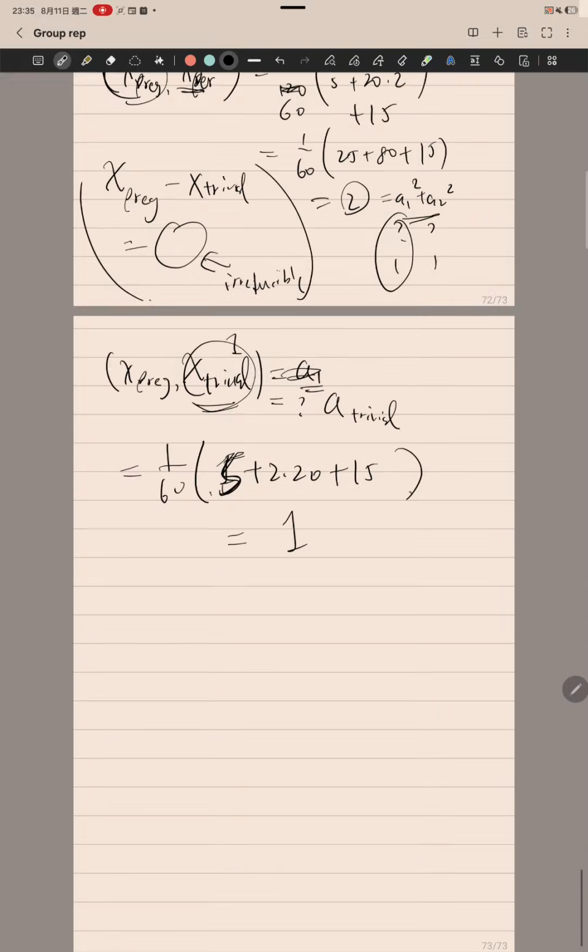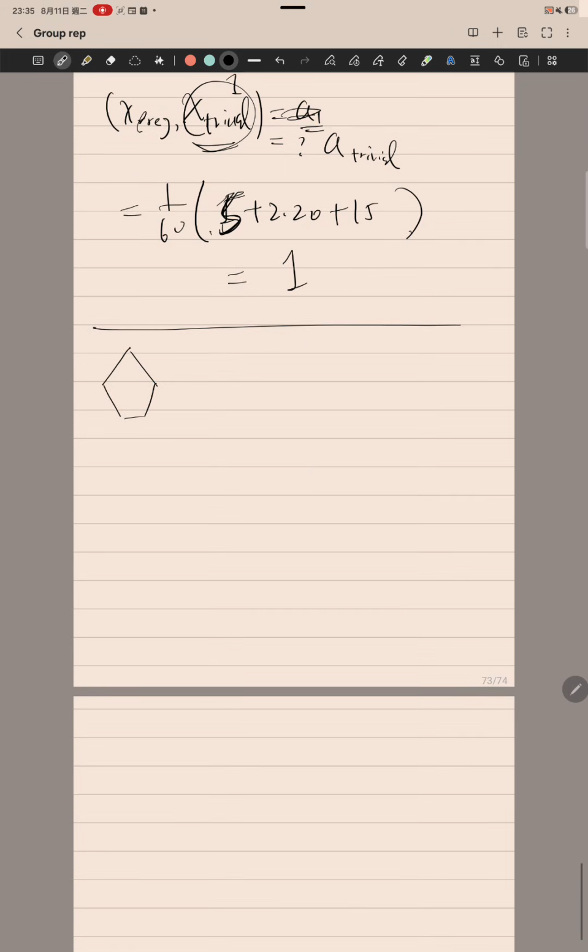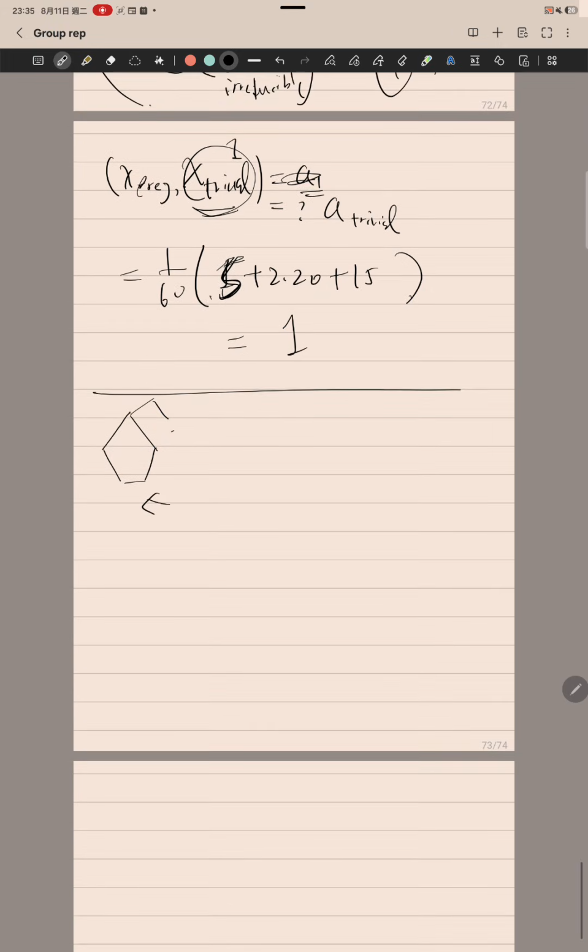Okay, now we can use geometry to show the following. Remember we have this icosahedron. It basically contains a realization of A5 in 3 dimensions.